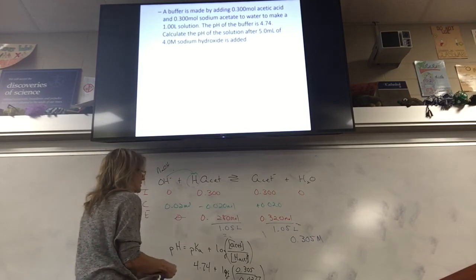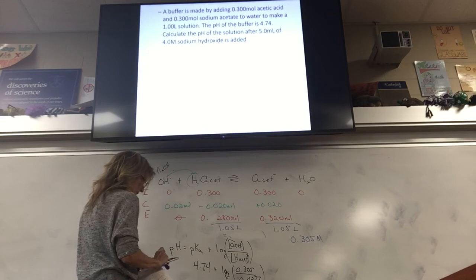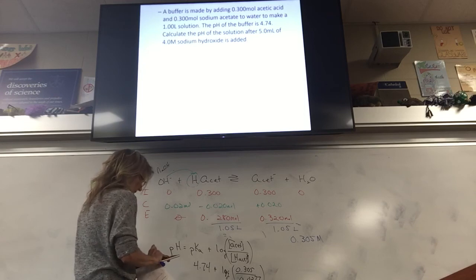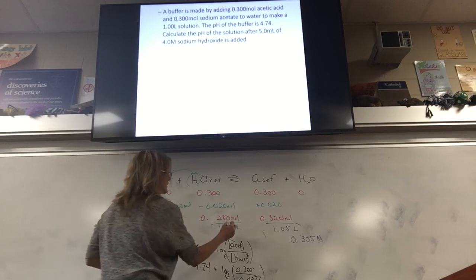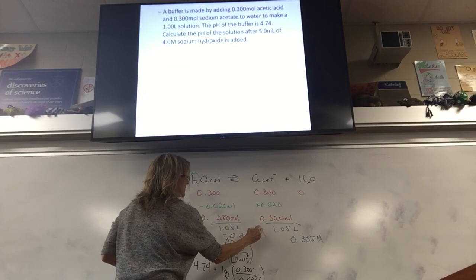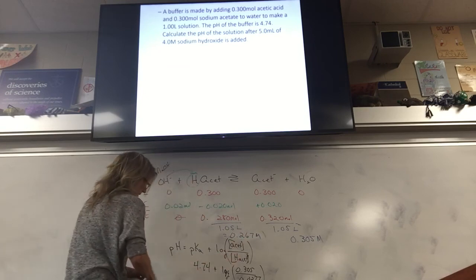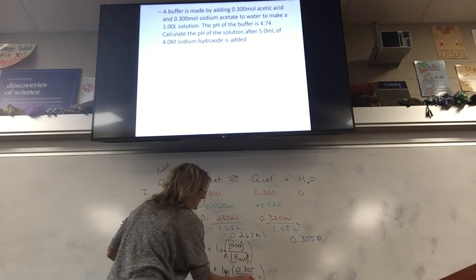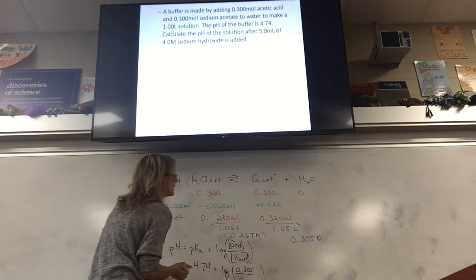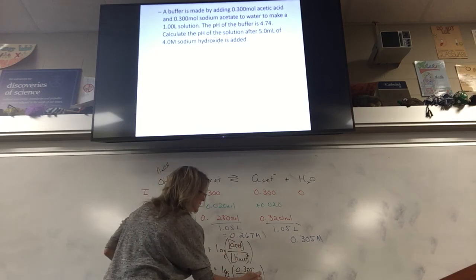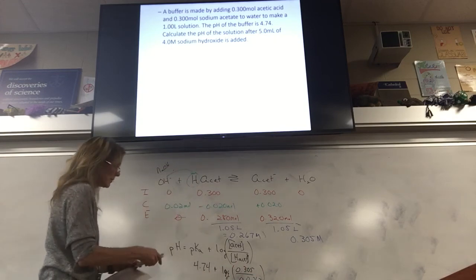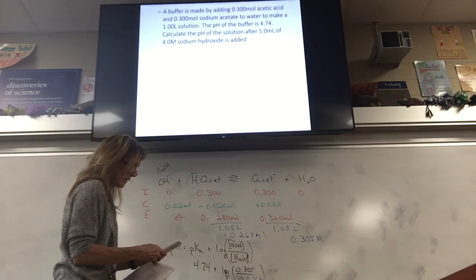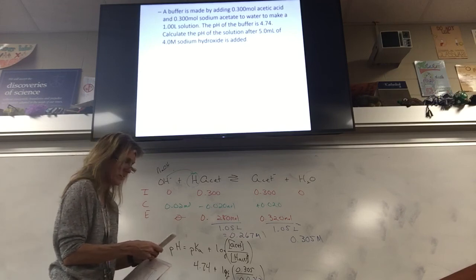So 0.28, that's 0.267. There we go. I was going to say that's way too small. Okay, let's try that again. So 0.305 divided by 0.267, and then we take the log of that.